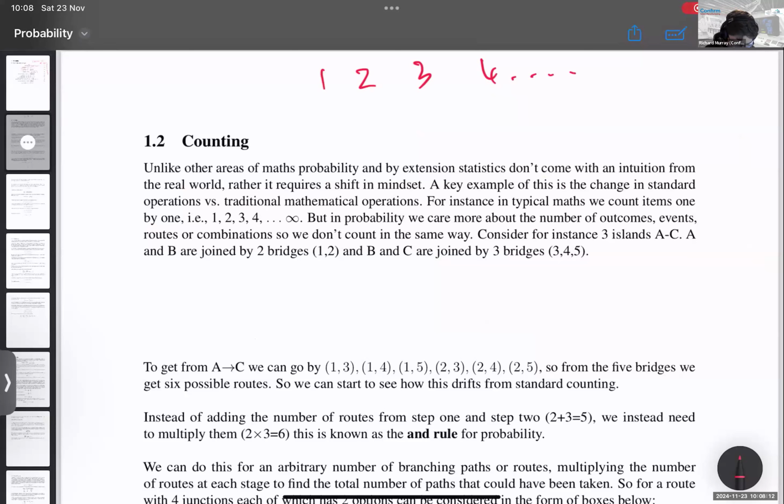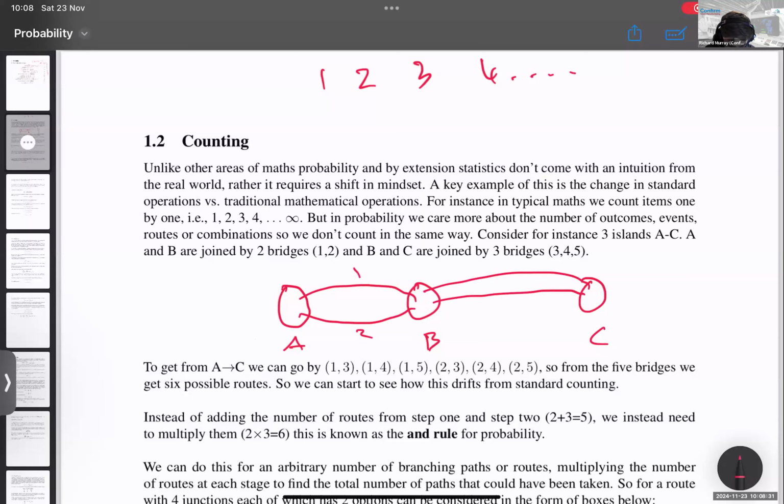So if we consider the number of ways that we can cross a set of bridges, we've got 3 islands, A, B, and C. A and B are joined by 2 bridges, bridge 1 and bridge 2, and islands B and C are joined by 3 bridges, 3, 4, and 5.